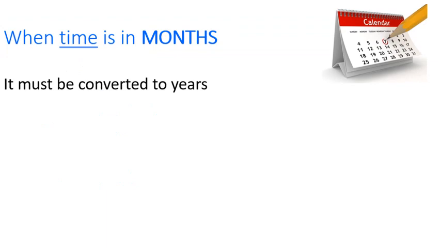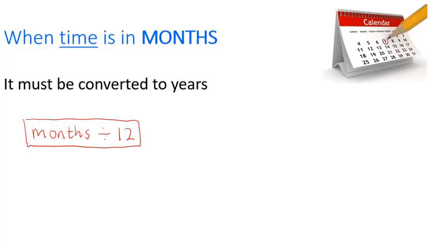When they give you the time in months, it must be converted to years, because the formula, the T is in years. So to convert months to years, you use the formula months divide by 12. That will give you the time in years. For example, if we were given these time in months, to convert to years we need to divide by 12.